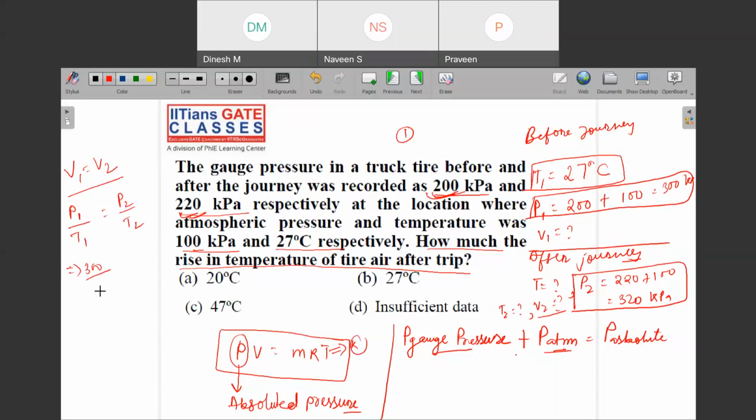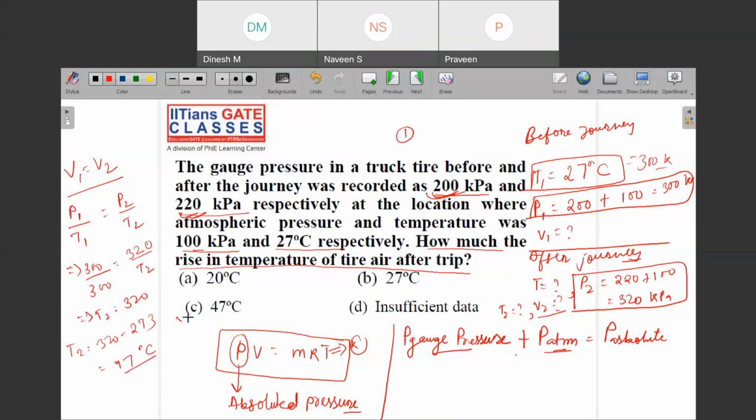So T1 becomes 300 Kelvin only, as you add 273 to it. And P2 is given as 320, and T2 is to be found. So T2 becomes 320 Kelvin. In degrees Celsius, this is 320 minus 273, which is nothing but 47 degrees Celsius.